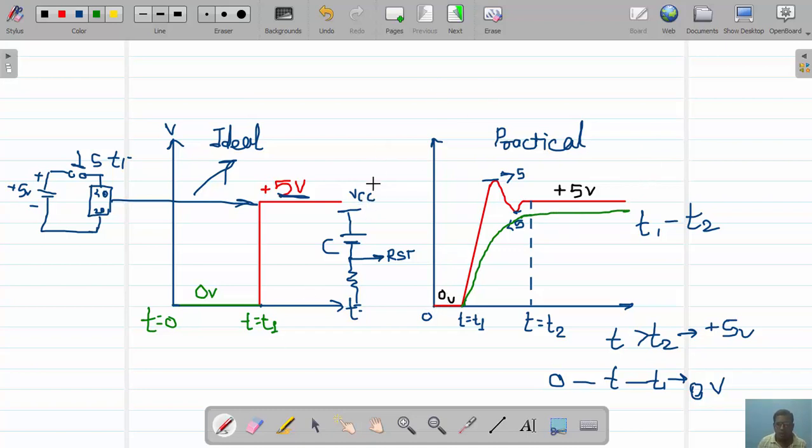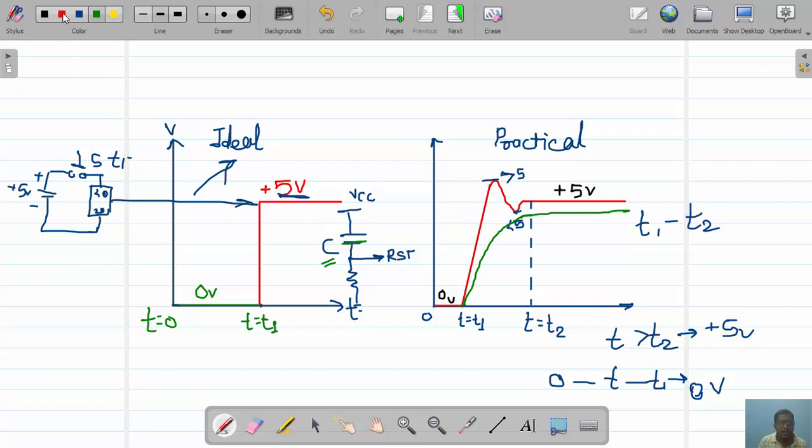Now when I talk about the exact nature of the response given by this circuit, between 0 to T1, as the supply is off, the charge on the capacitor is 0, and between T1 to T2, as we turn on the supply, the capacitor gradually goes on charging, or the charge on the capacitor gradually goes on increasing.